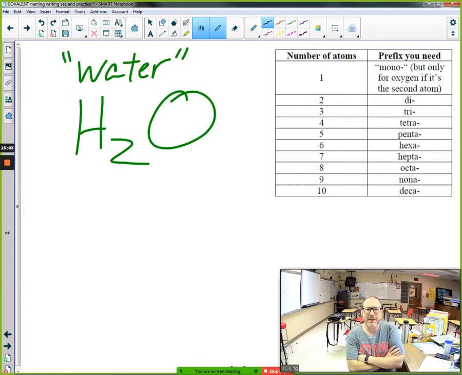Just for fun, in the chat, if we were to have to use this system over here to call water what water's name actually is, what would we call it? Give it a shot. Look at how many of each thing you have. Look at your prefixes. I'm saying some dihydrogen monoxide.